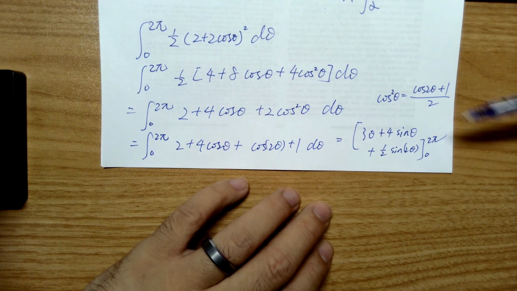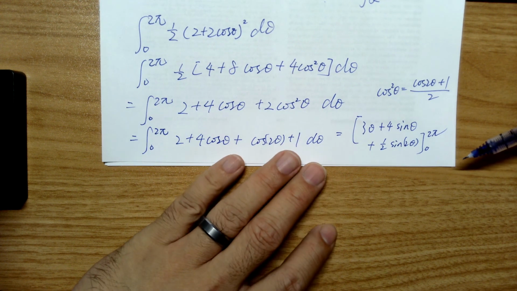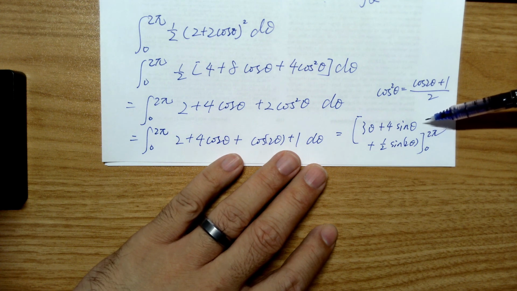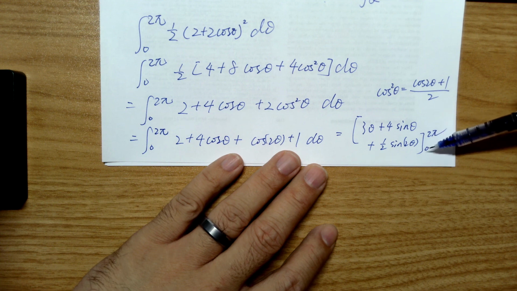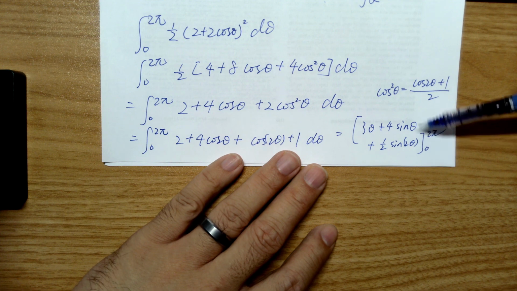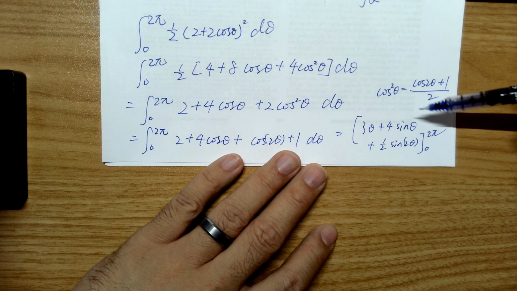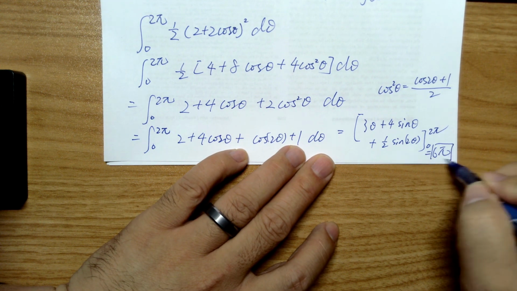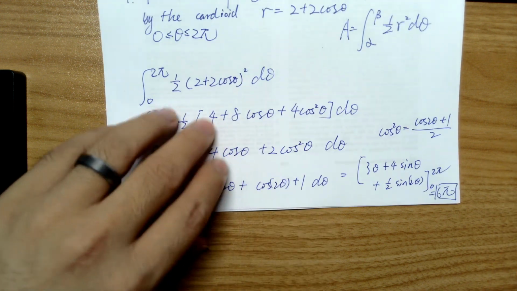Okay. And noticing that, guys, sine 0 and sine 2 pi are both 0. Same deal for sine 0 and sine 4 pi. So this part is going to be all 0. So basically what you're going to have here is just 6 pi. Okay, so that's number 4.